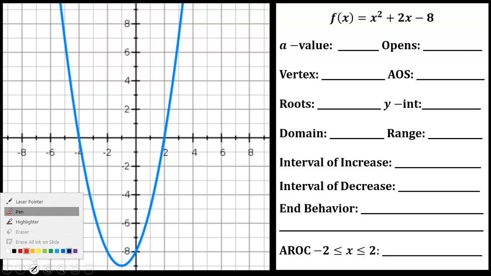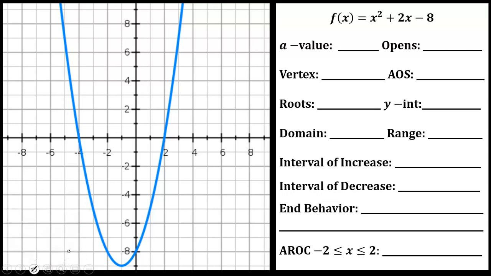Now, let's practice a few of these graphically. So the A value we can see in our equation written in standard form is 1. Our graph opens up. So let's identify the vertex. Our vertex is going to be -1, -9.